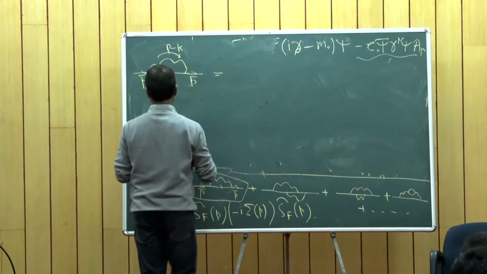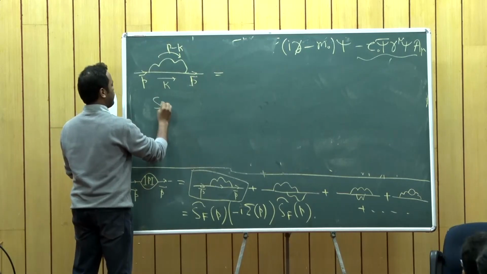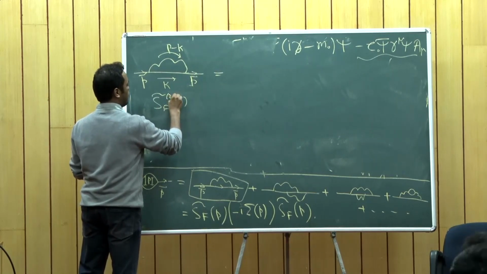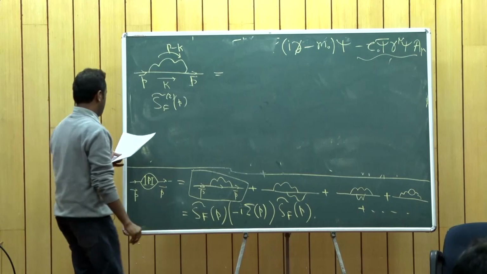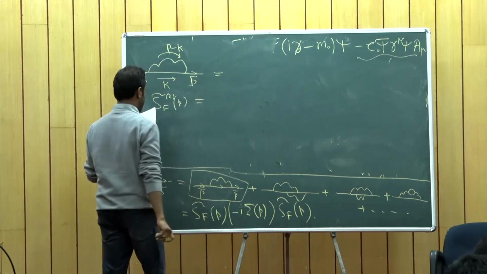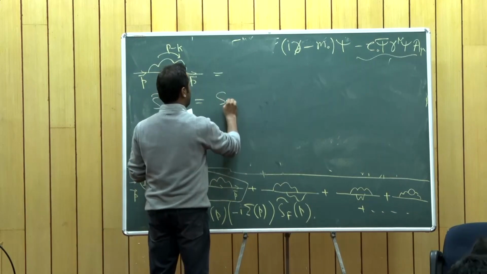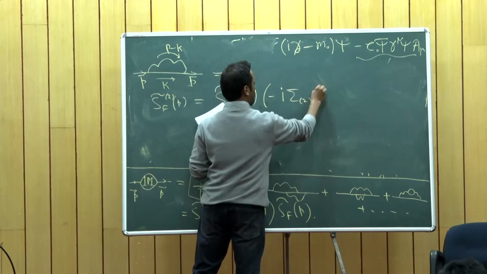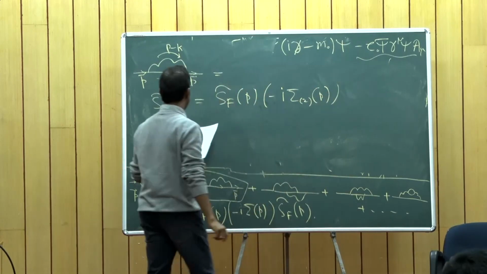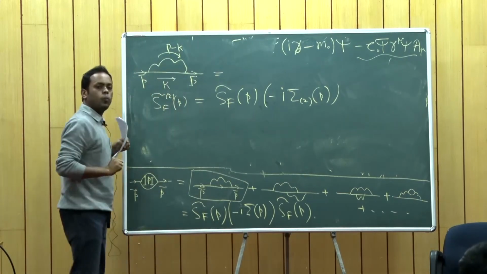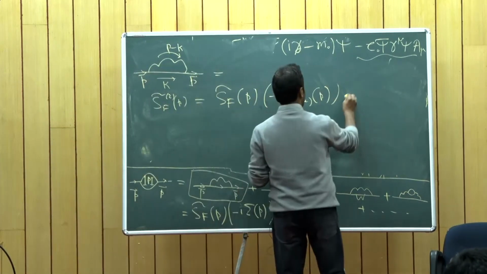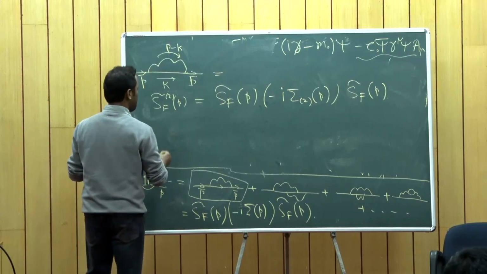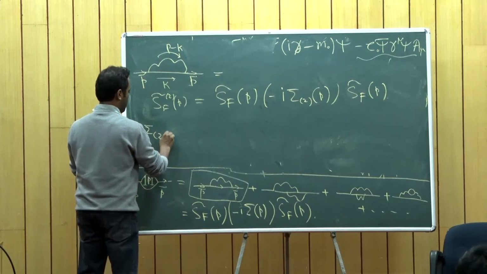This is, let's say, SF in the interacting theory, up to order 2, or at one loop. So this quantity is i sigma 2 of P, which represents only this one loop 1PI diagram, and SF2 of P on that side.